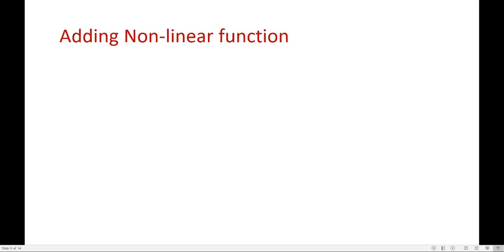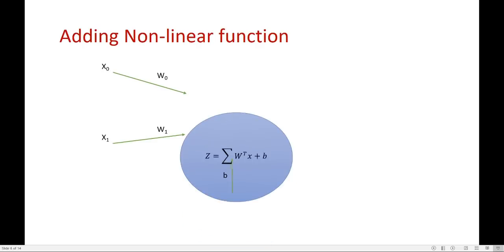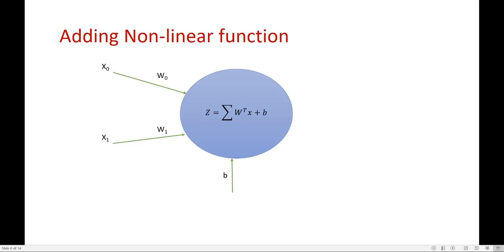So let's see how to add a non-linear function and where to add it in the neuron. Same thing, we have x0, x1 as input. We will randomly initialize weights as w0, w1. Then we have bias, and ultimately we are going to identify the linear relationship between x and the actual y.